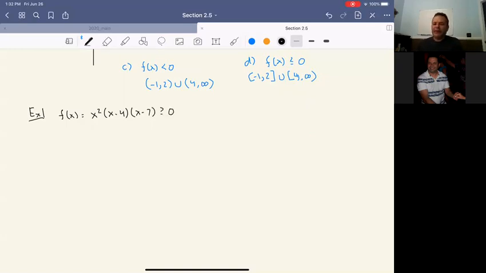Now I'm going to do it real quick with the sign chart, just so you guys can see this is why I like teaching the sign chart. So, where are my roots? My roots are at 0, 4, and 7. And then along the side, I'm going to have x squared, x minus 4, x minus 7.